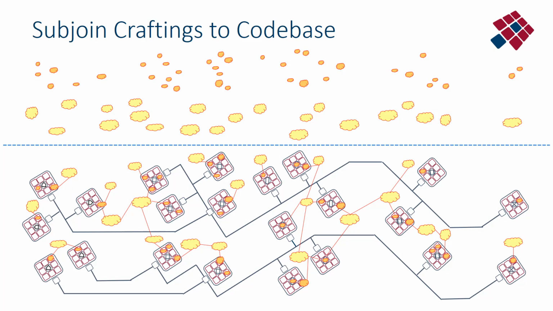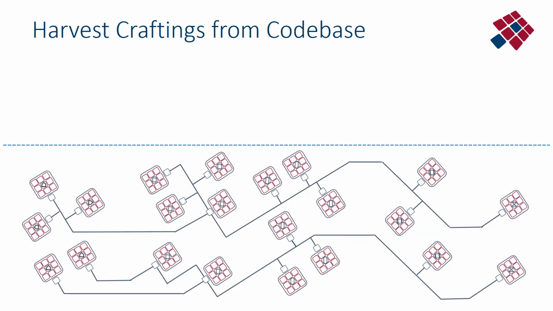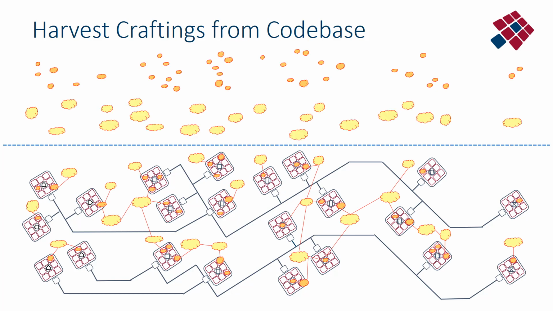And as mentioned before, we need to be able to update the recurring structure without losing the custom code. So therefore it is important to harvest those craftings or custom code from the code base.